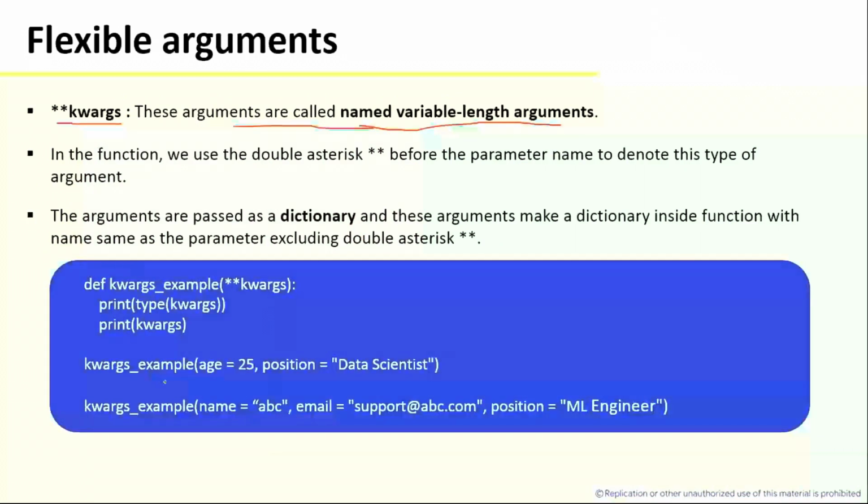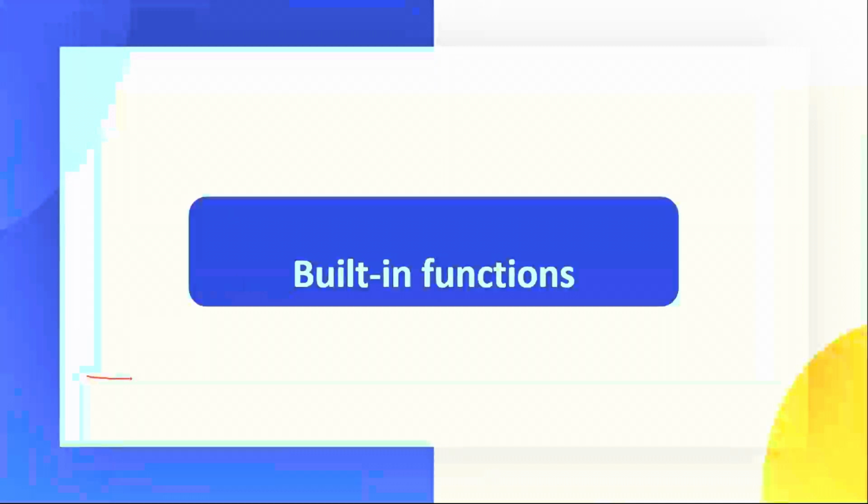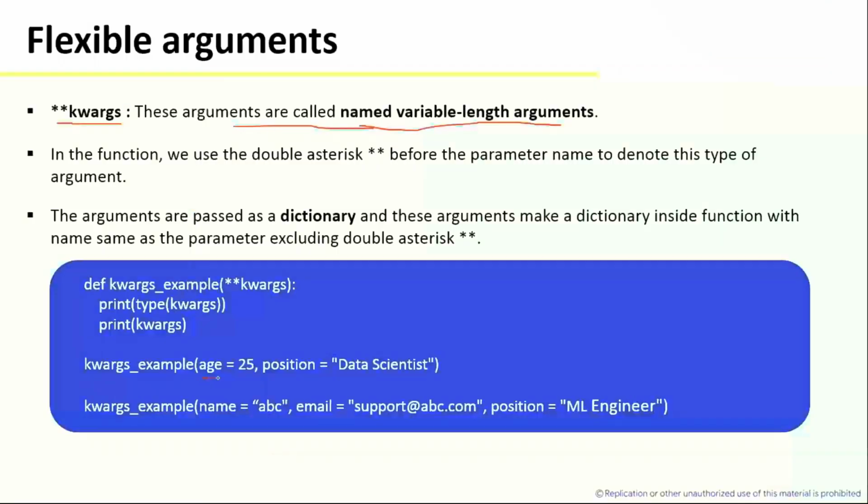Look here, I'm supplying some arguments: age equal to 25, position equal to data scientist, name equal to ABC, email equal to support@, position equal to ML engineer. Am I providing names for the values?